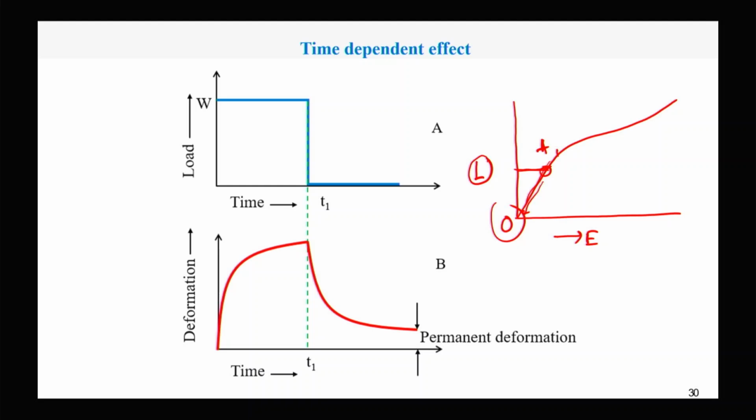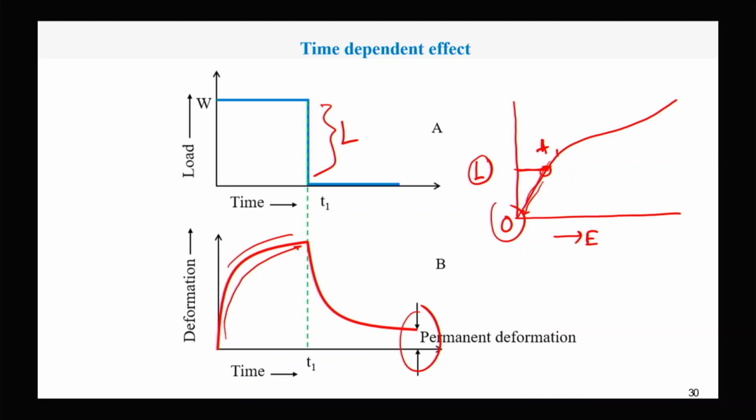But suppose we keep this load L, which is within the Hooke's region. Still, what will we find? There will be a creep effect, and after releasing the load L, in normal testing it comes back, but after the creep effect there will again be a permanent deformation.